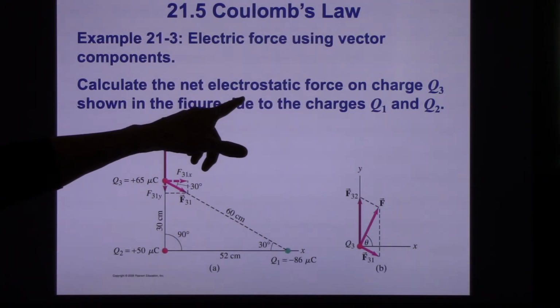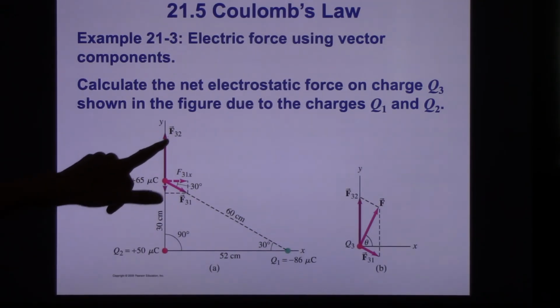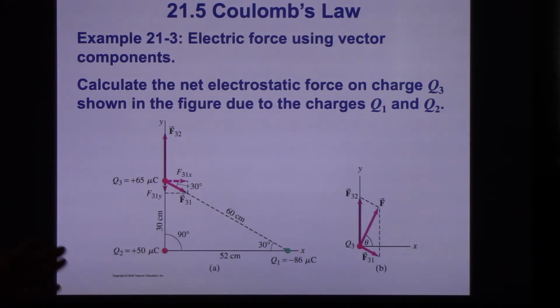Now they're calling it electrostatic force, so they're imagining that these charges are just going to stay held in place as we do the force calculations. So that's fine. The electric force acting on charge 3 is going to be a combination of two effects. First of all, these two charges are both positive, so the force acting between objects 2 and 3 is going to be repulsive.